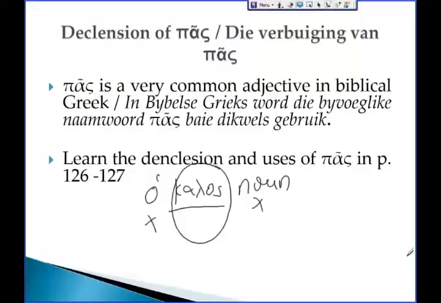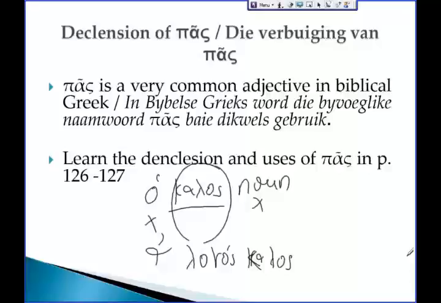But if we are looking for a predicative, then it would be ho Carlos, no. Give me any noun I can use. Ho logos Carlos. How would you translate that? The word is good, okay?